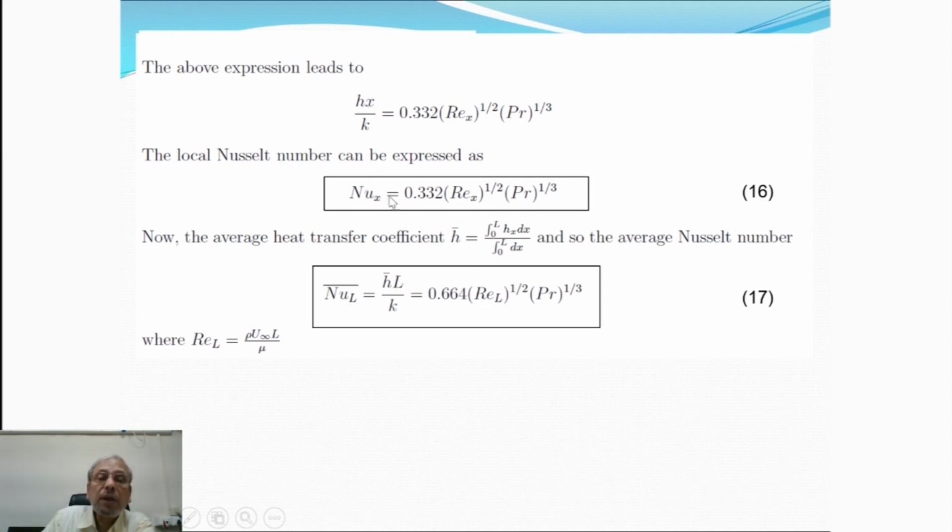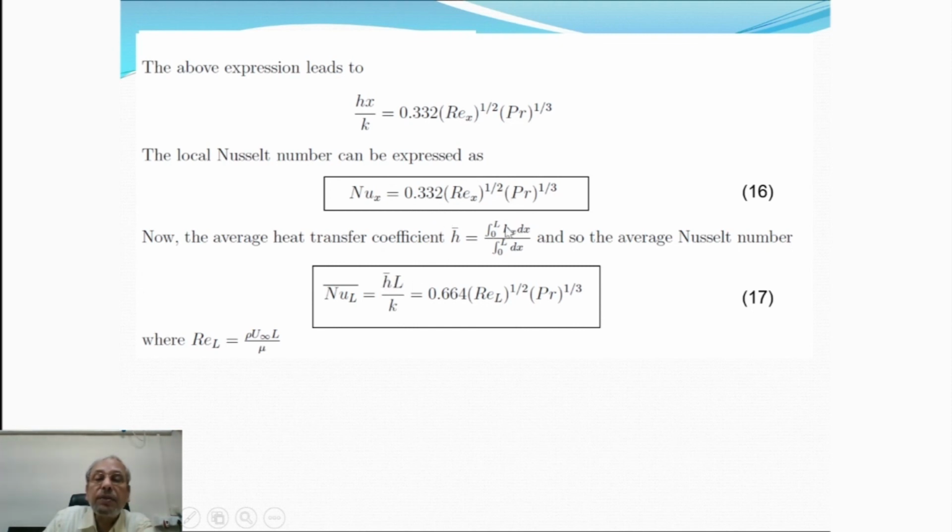Now, in order to evaluate the average Nusselt number, we simply take the average heat transfer coefficient, that is given by integration of hx dx from 0 to L divided by L, basically the length, and from there we can write the average Nusselt number, which is given by h average into L by k.